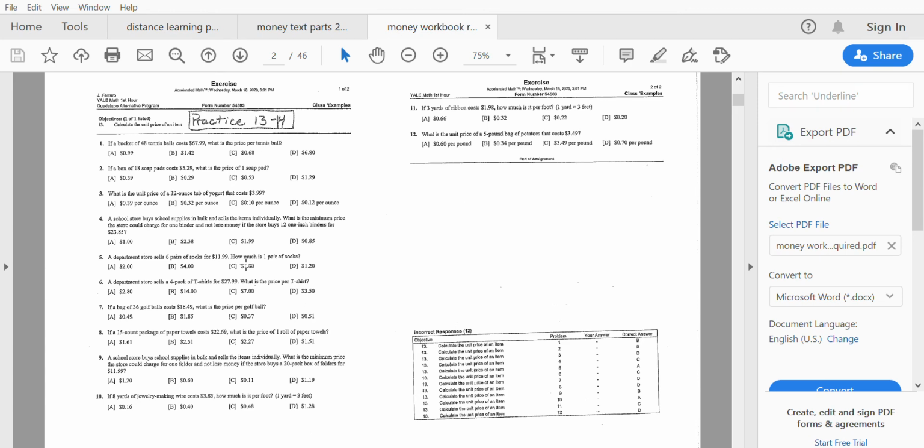If you don't understand these, look at the video again or look in the packet, and if you still don't understand, that's when you should message me and tell me what problem. Say number 4 on the practice is hard, I need help doing that. Then I can even do a specific video just for that problem because maybe other people have that same question.